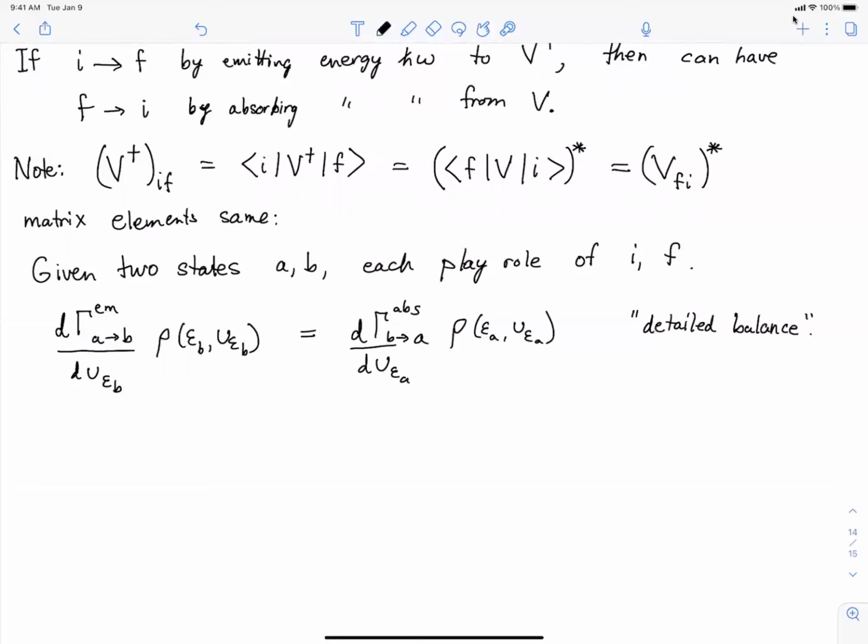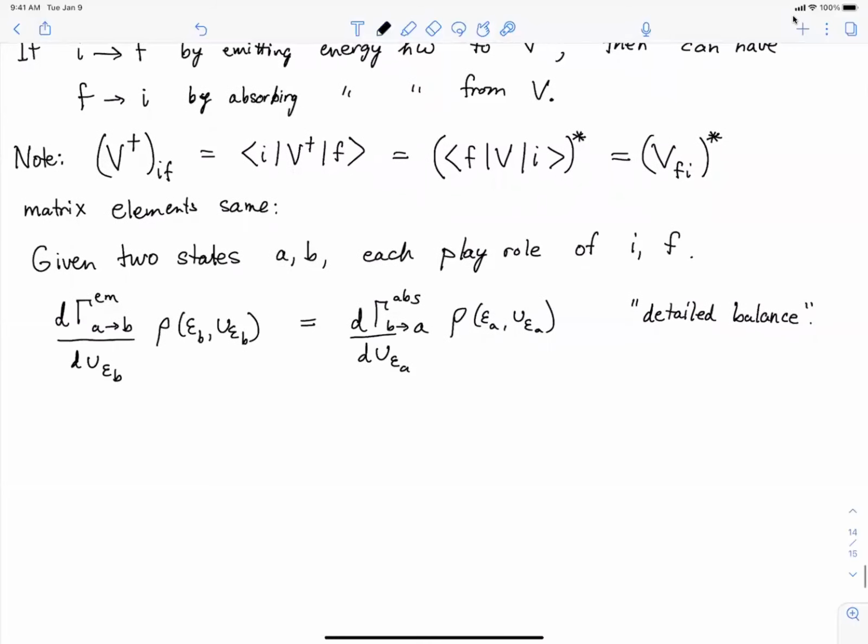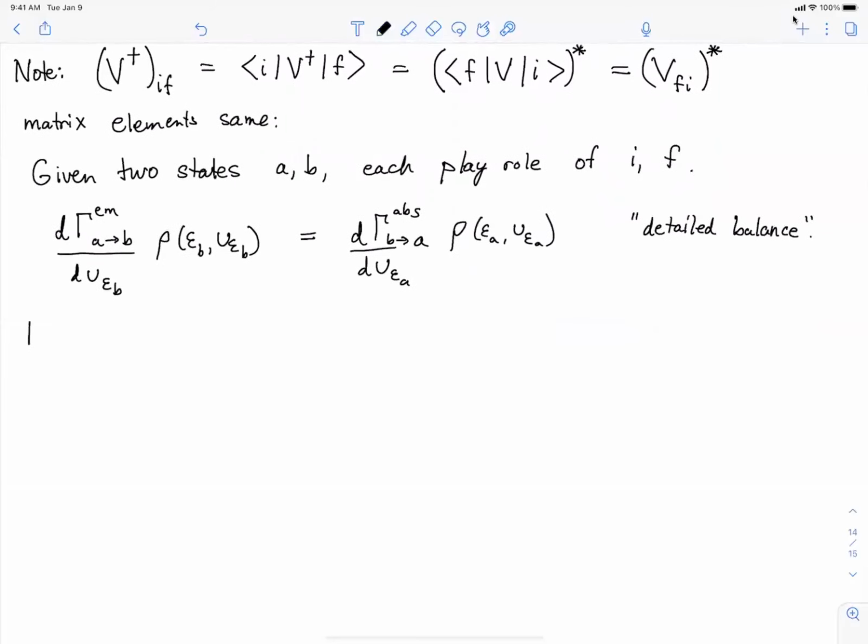And later we'll talk about how Einstein used detailed balance to do a calculation that was almost impossible to conceive of at the time by doing any other method. So just for example, and this is actually the example that Einstein was able to do, you can have a process where you have a state A, maybe a state of some atom, and it transitions to a state B by emitting a photon.